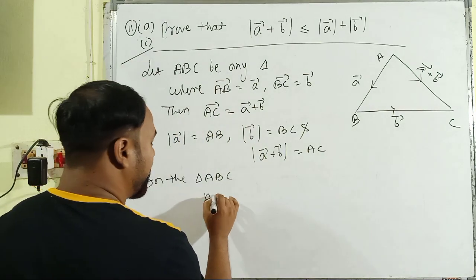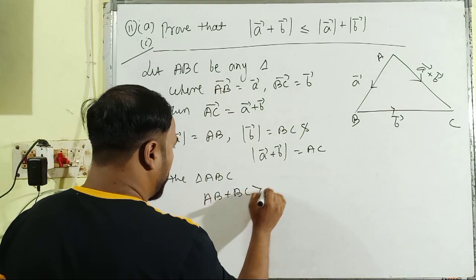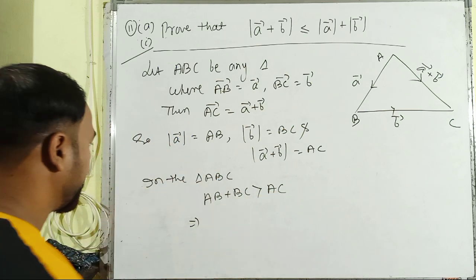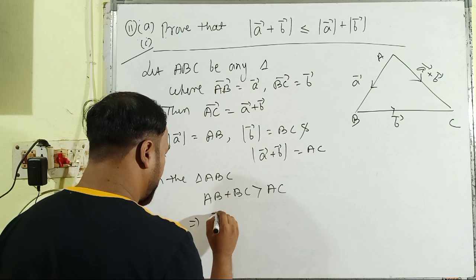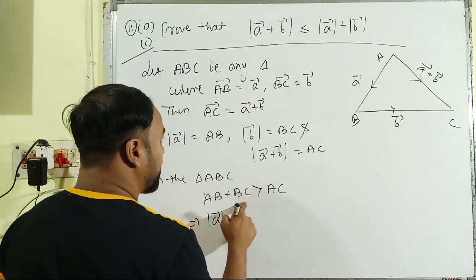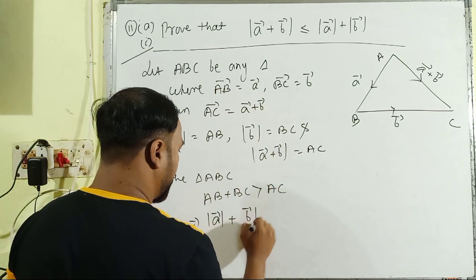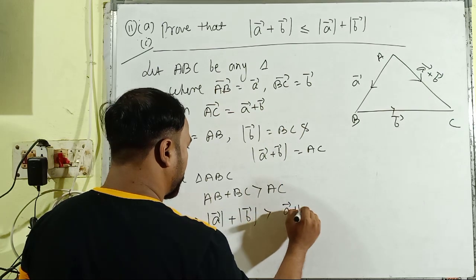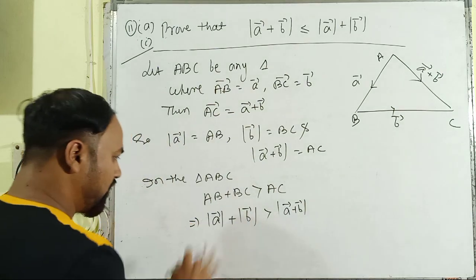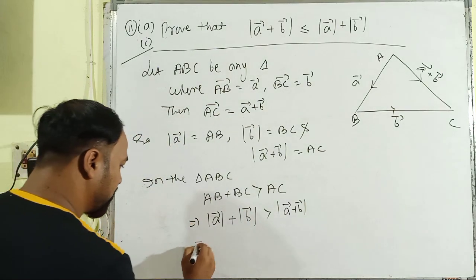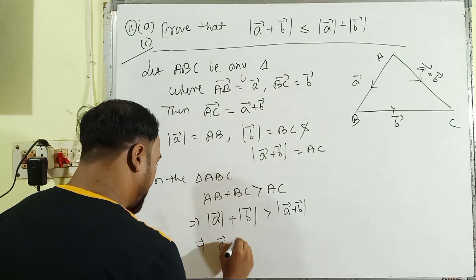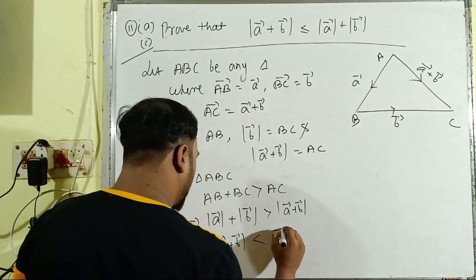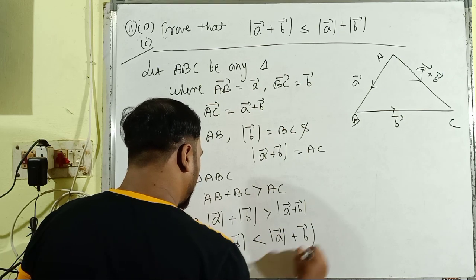So AB plus BC is always greater than AC. In place of AB, we can put the magnitude of A vector, plus in place of BC the magnitude of B vector, greater than AC. That means the magnitude of A vector plus B vector. Reversing the two sides, we have the magnitude of A vector plus B vector is less than the magnitude of A vector plus the magnitude of B vector.